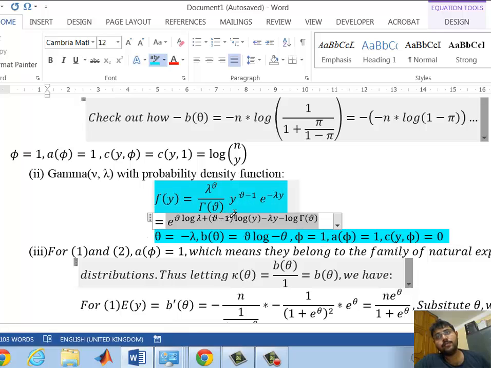And if we take lambda as theta, then y theta becomes minus lambda y, so theta is minus lambda. B of theta is, well, it's alpha into log of lambda, but minus lambda, so it's alpha into, quick check that this is equal to this. Wait a second, things should be clear.